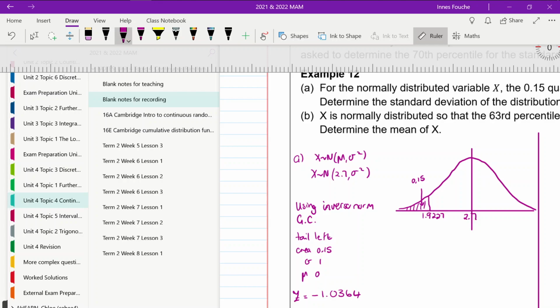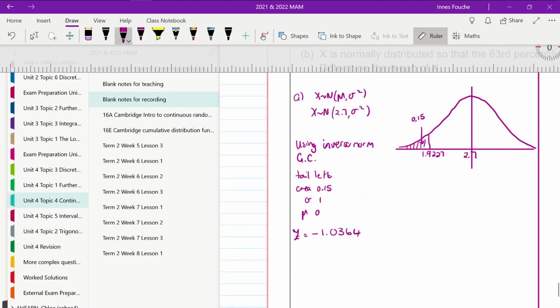Now, we've got an x value. X, we said, was 1.9927. We've got a z value, and we know that we can relate our x value and our z value to each other using mu and sigma, and that then helps us to find our unknown value. So z is x minus mu over sigma, and I've been given that my x value was 1.9927, my z value was negative 1.0364, my mu was 2.7, and I don't know what my sigma is.